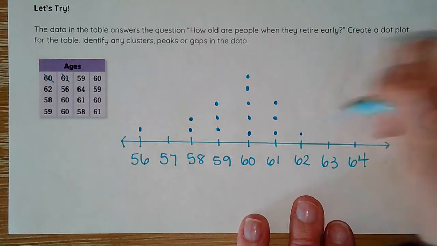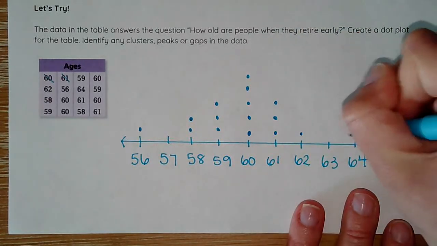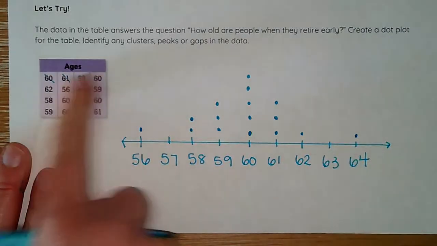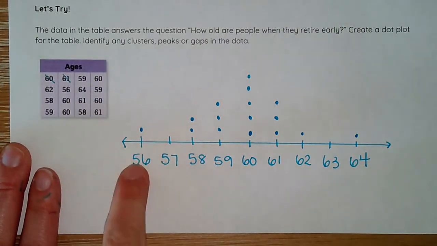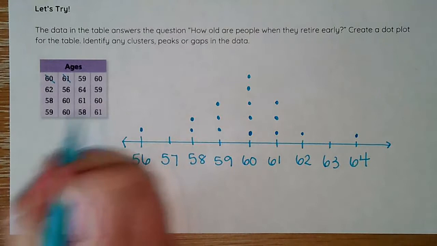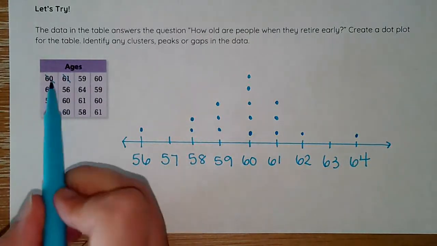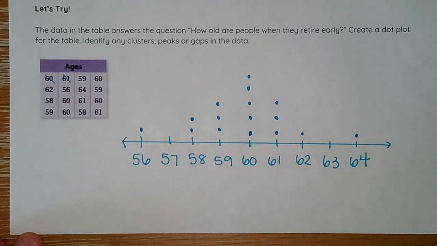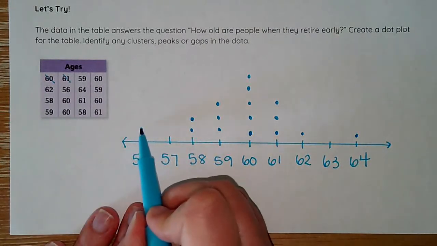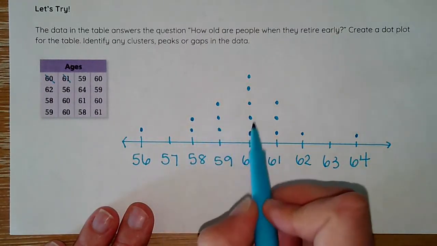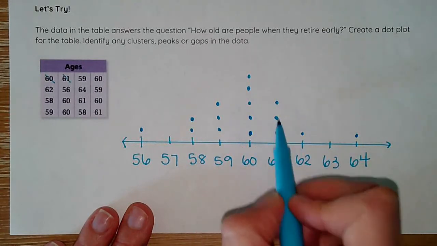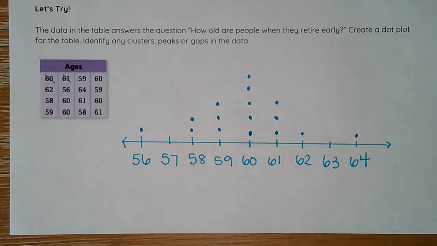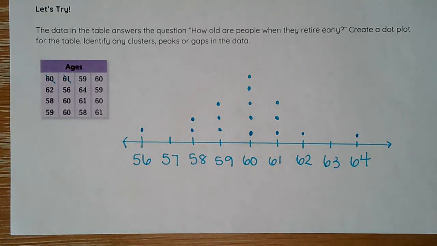All right, finishing up here. So whether you chose to go in order here, crossing off, or go in order here, I do recommend you cross off as you go. I can see here that there is 4 by 4, so 16 data points. So I'm going to check my work by making sure that there's 1, 2, 3, 4, 5, 6, 7, 8, 9, 10, 11, 12, 13, 14, 15, 16 data points here. That means I've accounted for all my data.